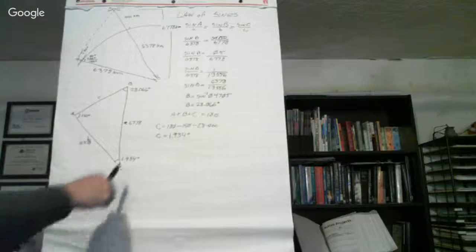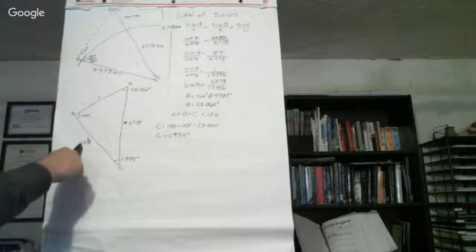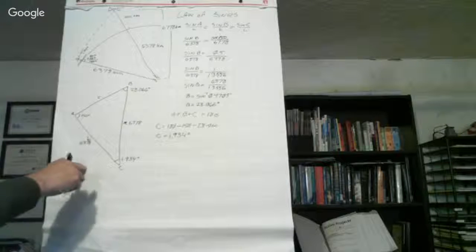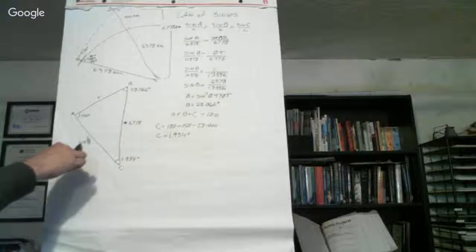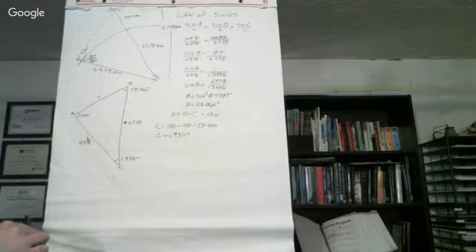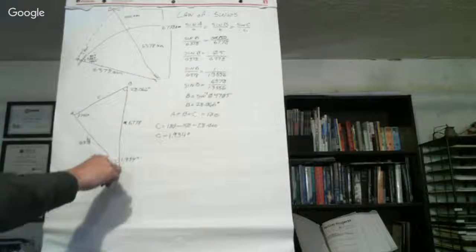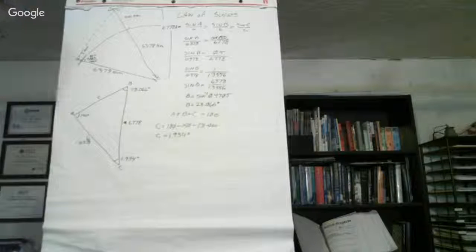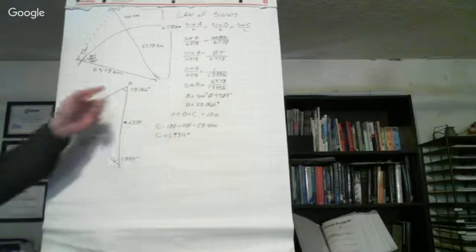Given that the center of the Earth is 6,378 kilometers below sea level, the distance here is quite large, which would put the angle as being very small. So that basically covers the sanity check and the fact that they add up.